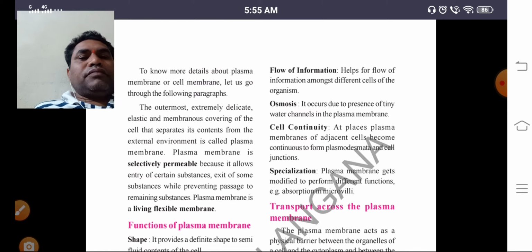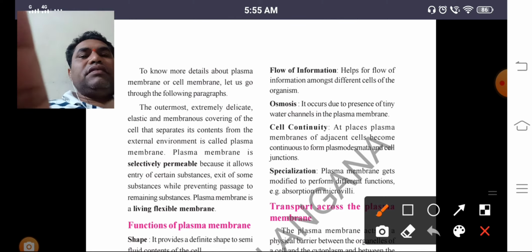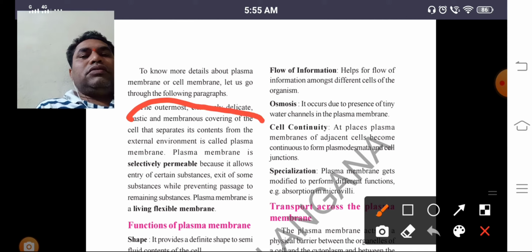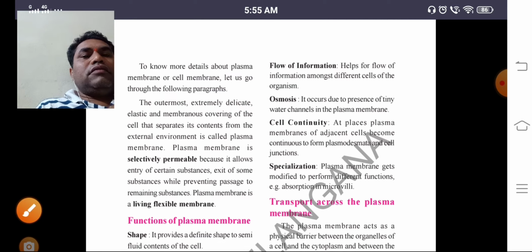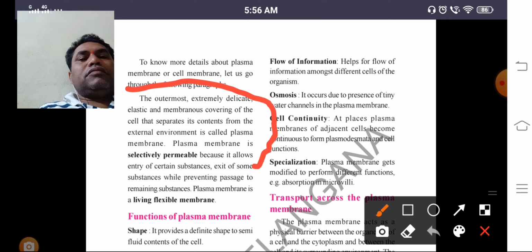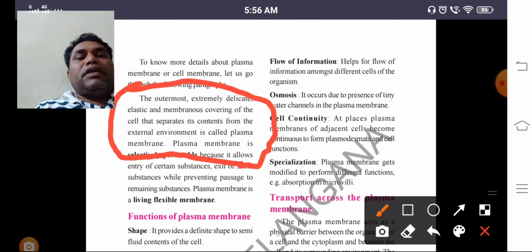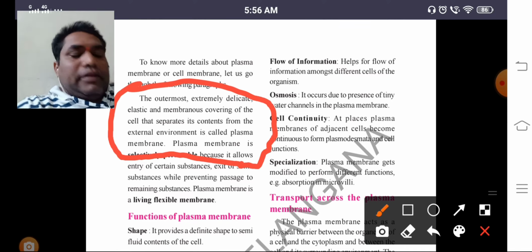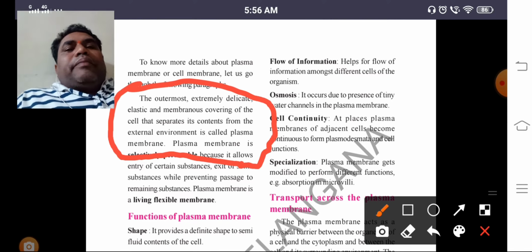Here is the clear-cut definition: the outermost delicate elastic membranous covering of the cell that separates its contents from the external environment is called the plasma membrane or cell membrane.